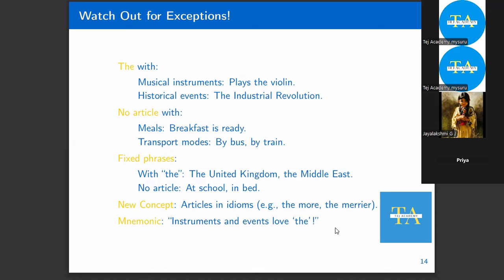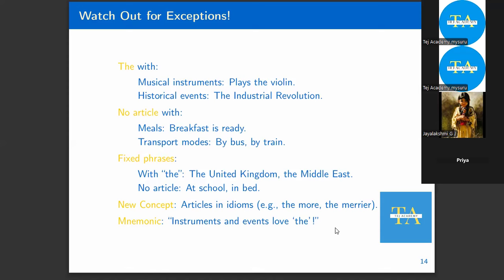And here again, we should not use the article with meals. Breakfast is ready. We can't say the breakfast is ready. I think the sentence is already sufficient in itself, so it's not demanding any article from our side. Like meals, breakfast is ready, dinner is ready. And transport modes: by bus, by train.